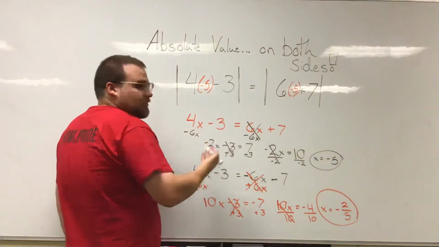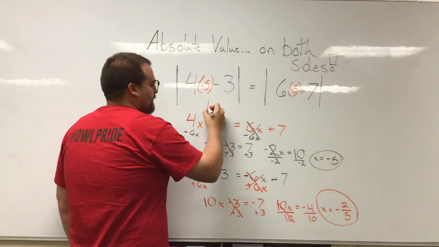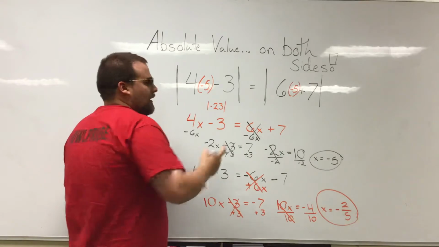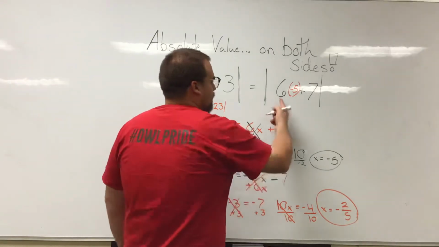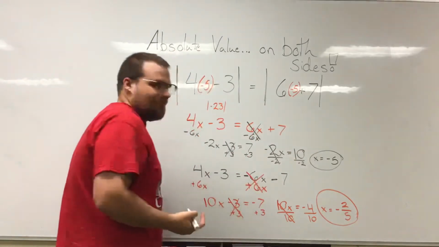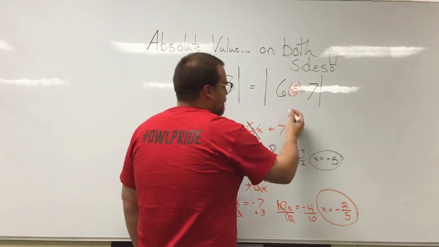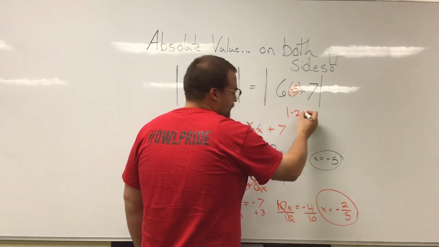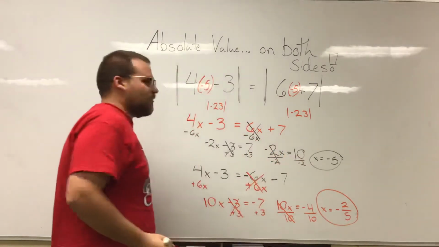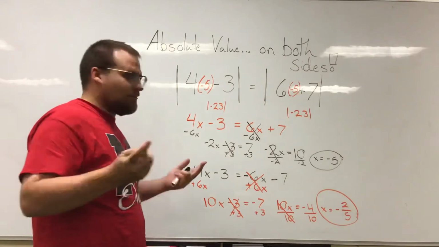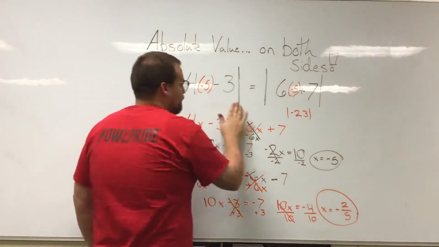Negative 20 minus 3 gets me the absolute value of negative 23 here, right? Now on my other side of the equation, I have 6 times negative 5. That's negative 30. Negative 30 plus 7. Well, again, that's the absolute value of negative 23. Both those are the same. Great. Our first solution worked.